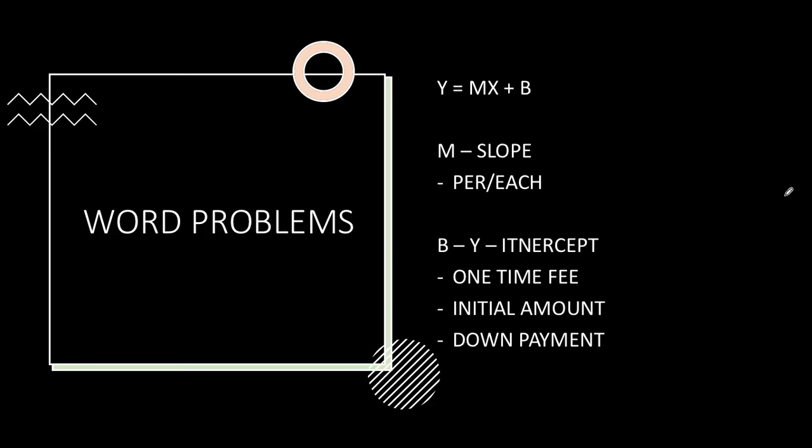So I already went through this, but if you don't have these notes from previous class periods, pause the video and write them down. You have to know that M represents slope, and these are your keywords. You have to know that the y-intercept is represented by the letter B, and that these are the things that would represent the y-intercept. So pause the video if you don't already have these notes.